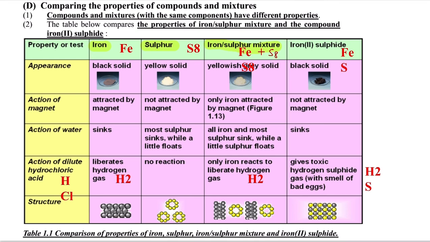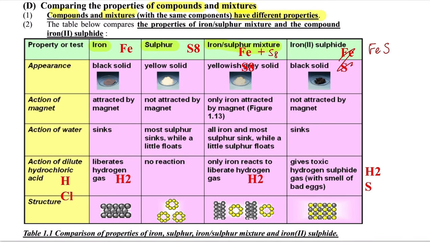After forming the compound, it is FeS. So we are comparing iron and sulfur, the iron sulfur mixture, and also the compound iron sulfide. So we compare the properties of a compound and a mixture. Compound and mixture have different properties.